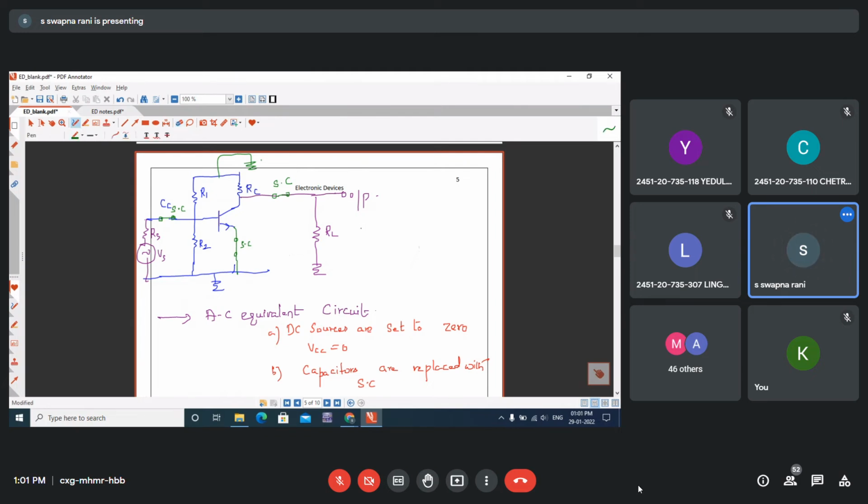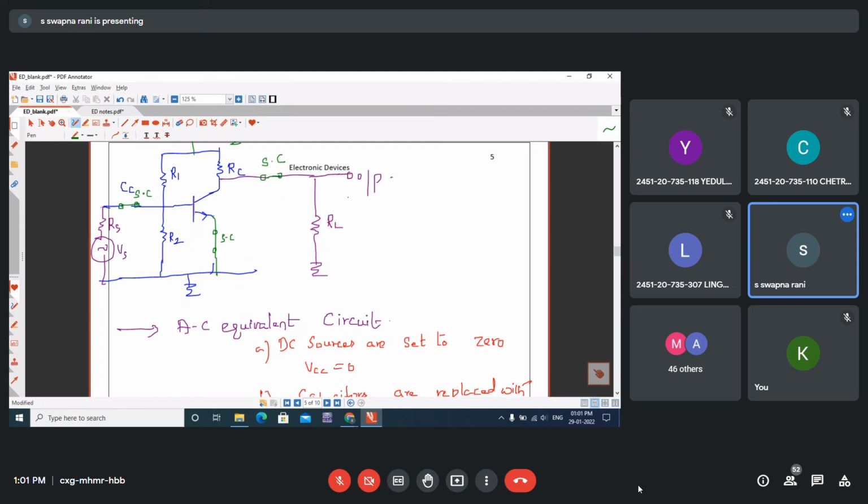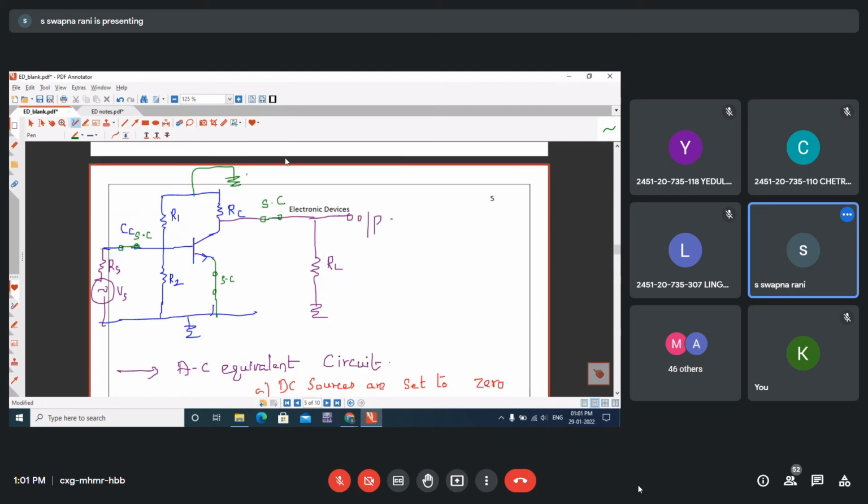I am drawing this same circuit again here. Here the transistor is as it is. We will replace it later. First we will draw the emitter grounded.